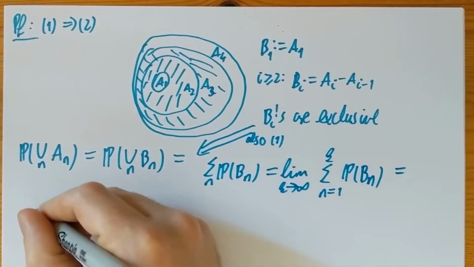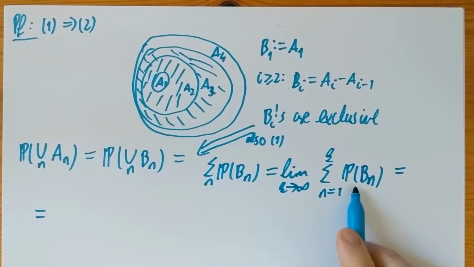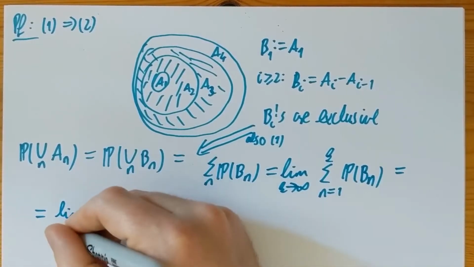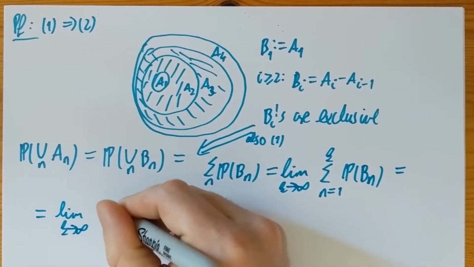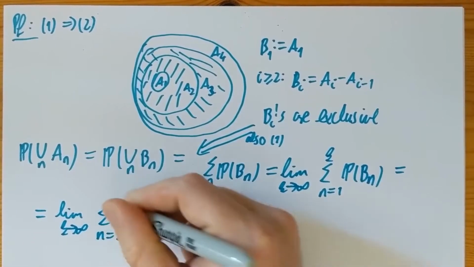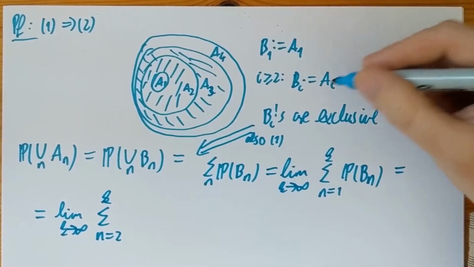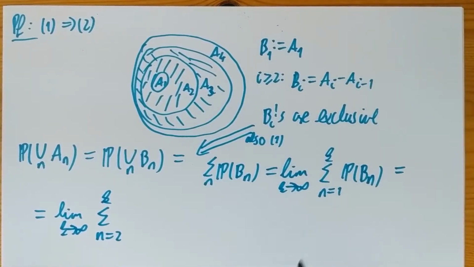Okay, and so now I can plug back in what the probability of Bn is. So let me copy the limit, k goes to infinity. Let me do this sum from 2 to k for the first term, and there when n is at least 2, then An minus A(n-1) is what Bn is.